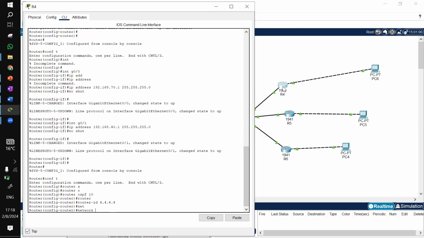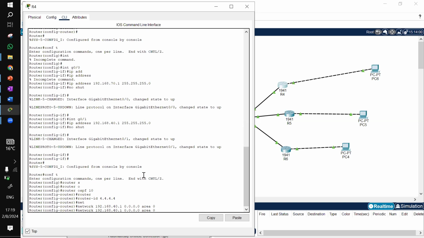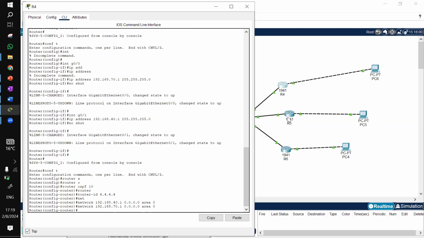That router is going to advertise 2 networks. This one, 192.168.40. Let me put .1 and 0. Area 0. Area 0, network 192.40.1. Right. Then the other one is 70.1. The other network 70.1. Sure.